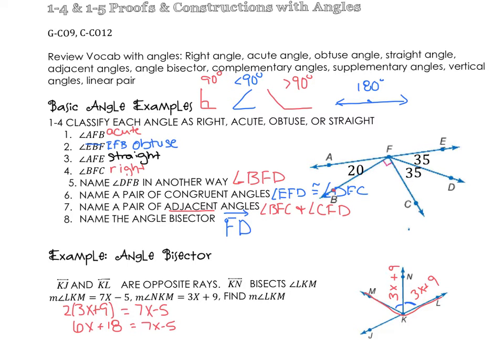So when we solve, 23 equals x. That's not the answer. It wants the measure of LKM. So that's 7 times 23 minus 5. And I don't have my calculator with me, but you guys can go ahead and pause the video and calculate that and find the answer.